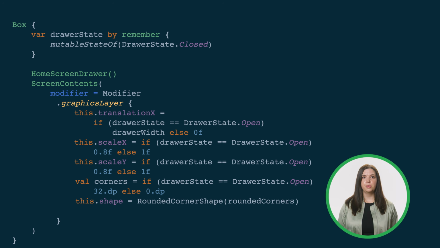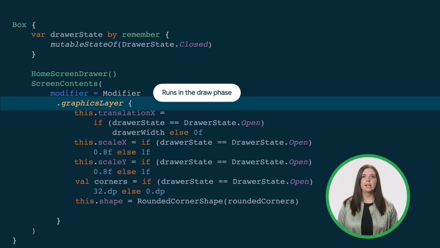To apply transition between the two states, we can use Modifier.graphicsLayer. This is a great modifier to use for animations. It allows us to adjust properties such as scale X, scale Y, etc. The other great part about this modifier is that it runs in the draw phase of Compose. So any animation changes here won't trigger a recomposition, as it doesn't need to go through all the phases.